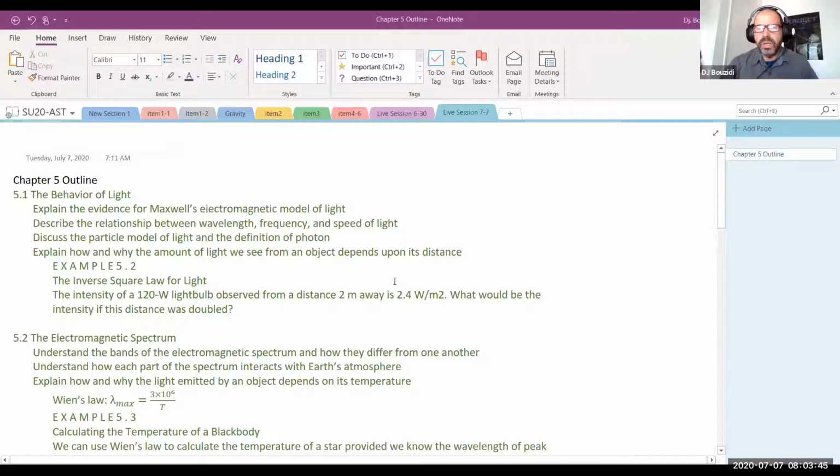How would we know, for stars that we have never been to, that they have so much hydrogen and helium in them, if we can't go there? The answer simply has to do with light. The light received from there is a signature of what that star or object is made up of.